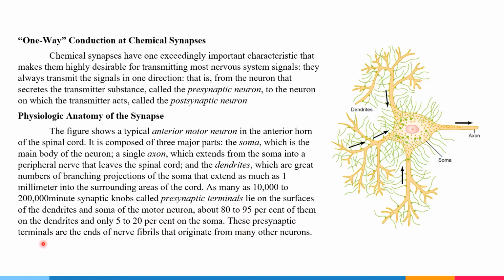These presynaptic terminals are the ends of the nerve fibrils that originate from many other neurons. These presynaptic terminals are the locations from which the incoming nervous impulse is received by the postsynaptic neuron. And we will look into detail how this occurs in the next slide.